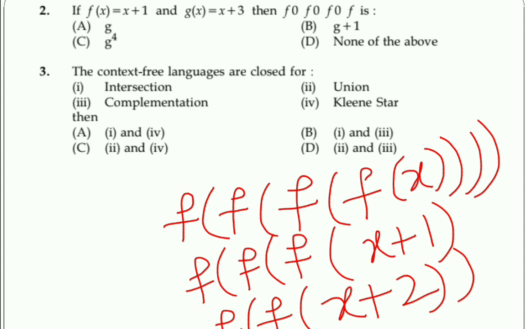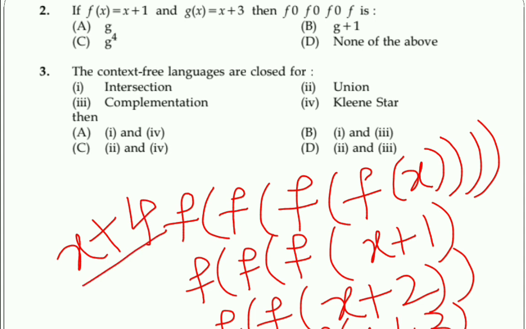Again, consider this value as the x value and substitute it in f of x, and it results in x plus 3. So f of x plus 3: consider x plus 3 as x and substitute it in f of x, and it gives x plus 4. So the answer is x plus 4.